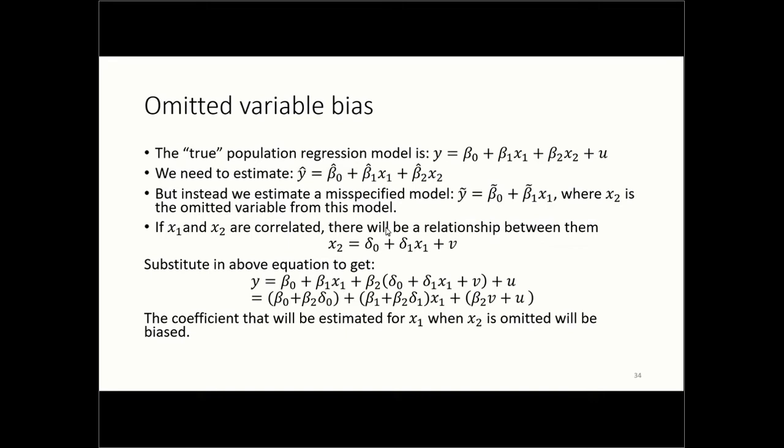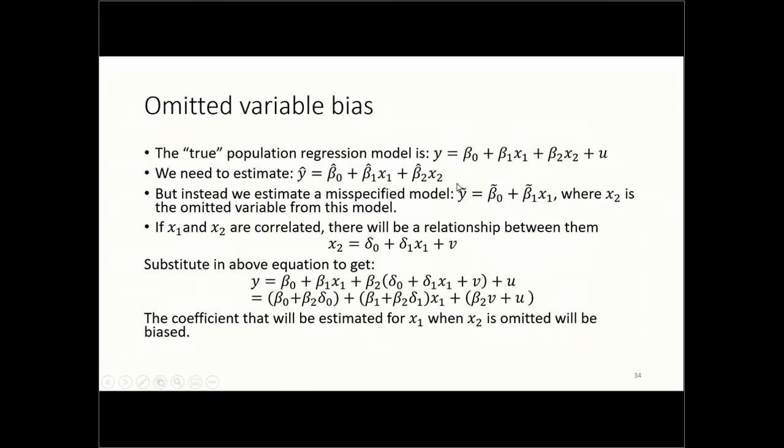Suppose that the true population regression model is this one: the dependent variable is explained by x1 and x2, and there's an error term. So what we need to estimate is y hat based on x1 and x2.